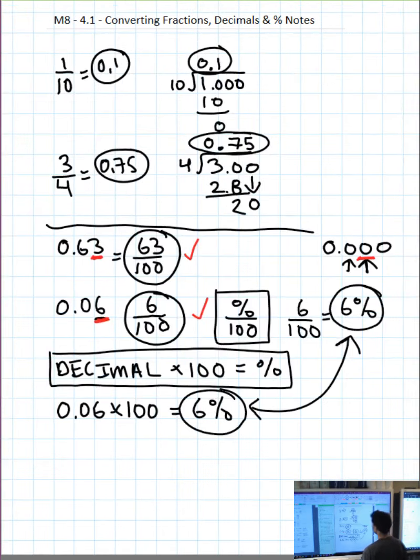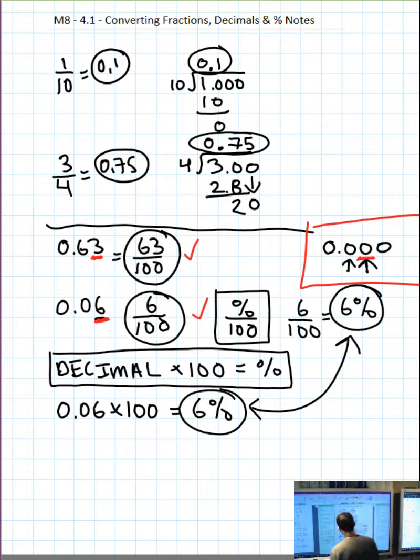So, quick review. We turn fractions into decimals, either using long division or our calculator. We turn decimals into fractions by using the theory of placeholders. I'm going to put a box around that in red again. To the right of the decimal, we have the 10th spot, then the 100th spot, then the 1000th spot.